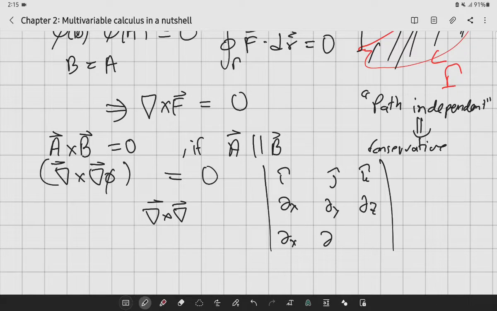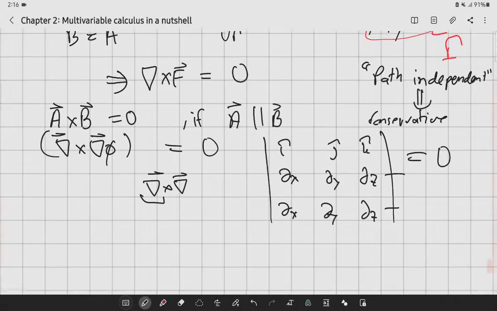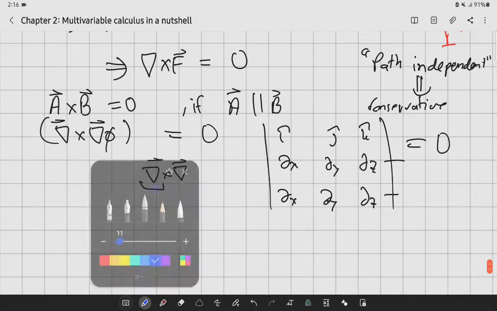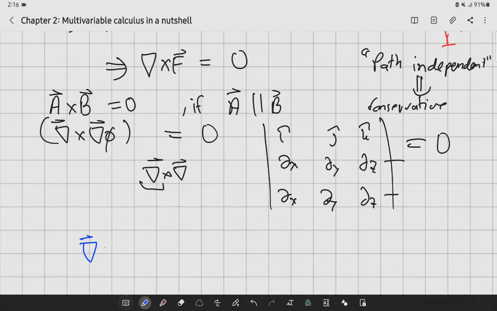In a vague sense, the gradient operator, the del operator, is like a vector. If I have two vectors that are pointing along the same direction, the cross product between those two will give me 0. So my point here is that if this product between del and f is 0, it implies that f is actually the gradient of some scalar function, the potential, right?